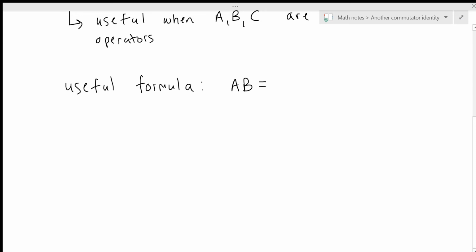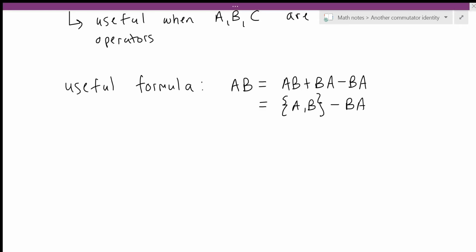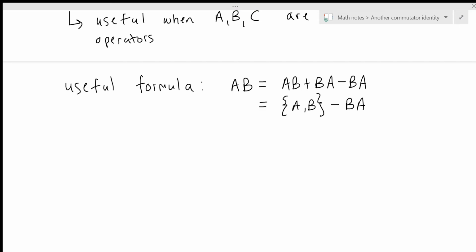We write A times B is equal to A times B plus B times A minus B times A. We just added and subtracted B times A. And now we can rewrite this as the anti-commutator of A and B minus BA.